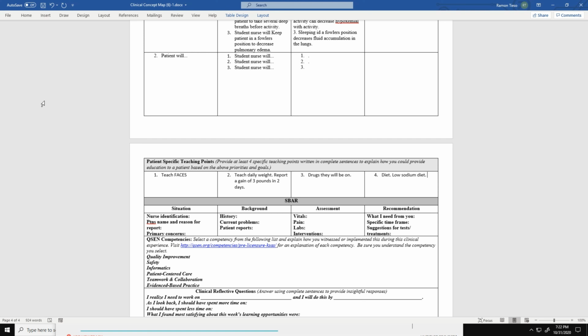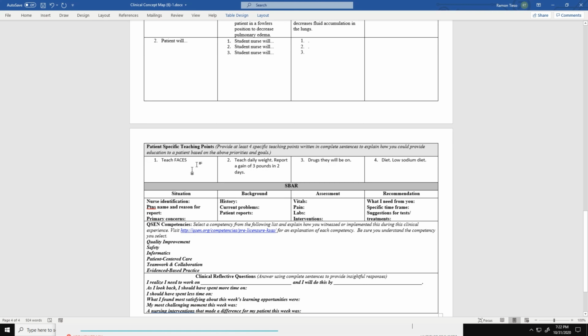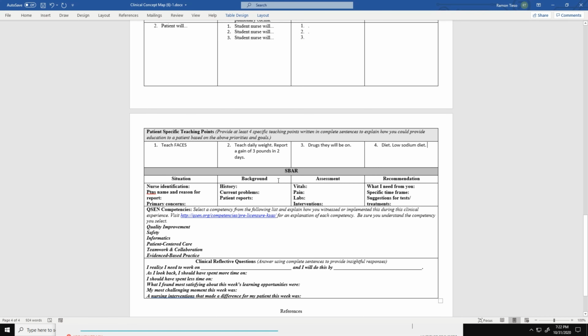And if they were put on an ACE inhibitor or an ARB, they may be put on a low potassium diet. So, that's just something that you'll have to teach them. That'll go along with the drugs that you're teaching. So that's patient-specific education. These are teaching points that you're going to have to try to teach this person.